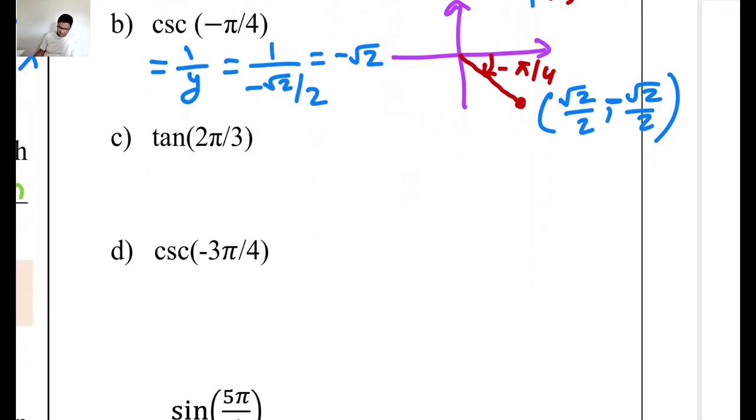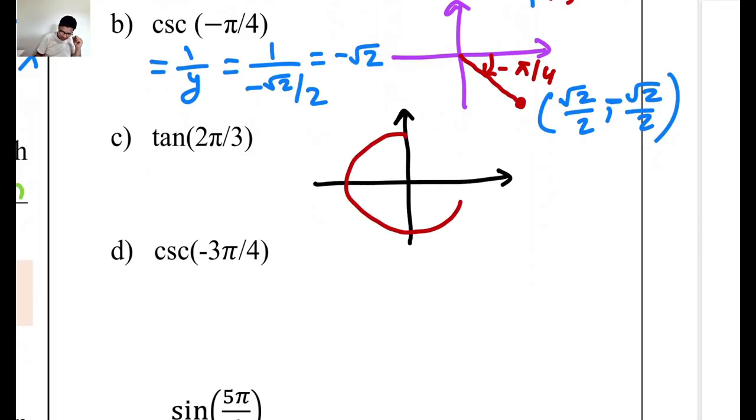Tan 2 pi over 3. Now this will take you back to another concept as well, which is dividing the circle into various segments, various components, like with 30 degree, 45 degree, while discussing the area of the sector, which we have talked about earlier. We are going to use that here. What was the idea? With pi over 3 or with 60 degree, your division was something like this.